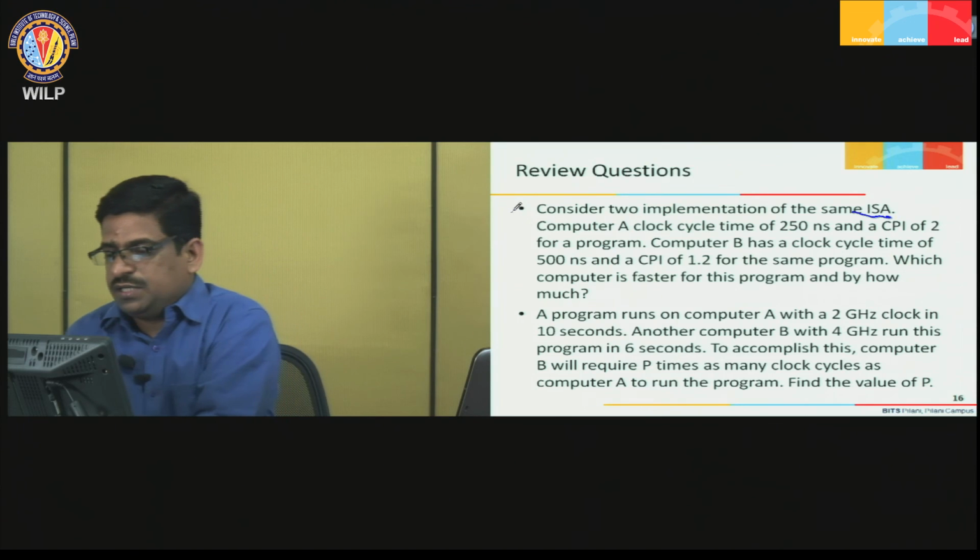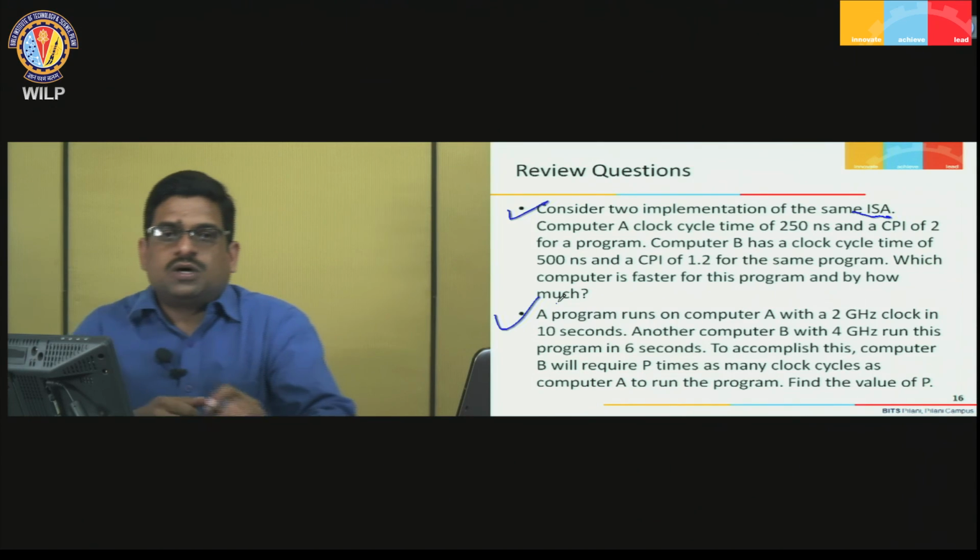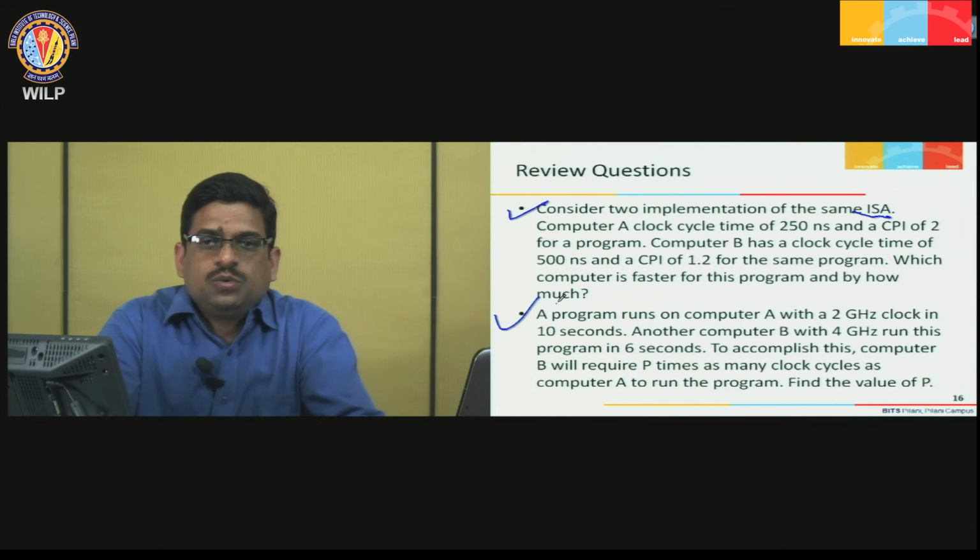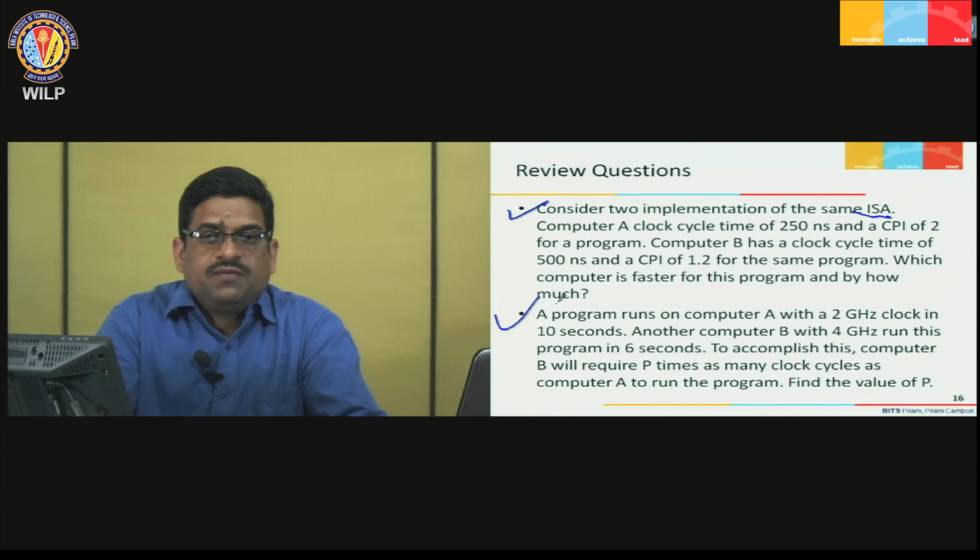The second question is: a program runs on computer A with a 2 gigahertz clock in 10 seconds, and another computer B with a 4 gigahertz clock runs this program in 6 seconds. To do this, computer B will require P times as many clock cycles as computer A to run the program.